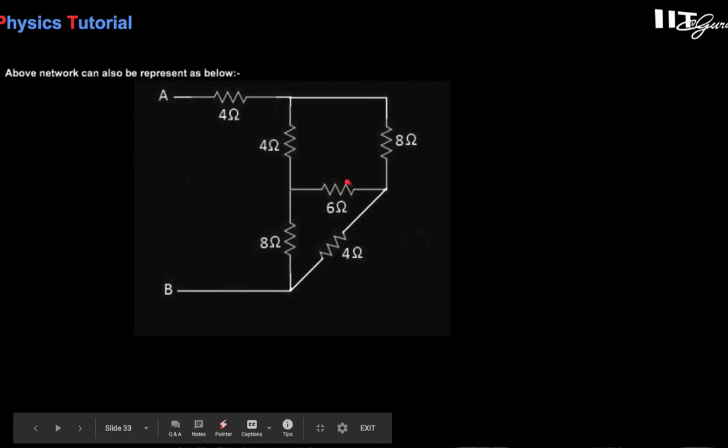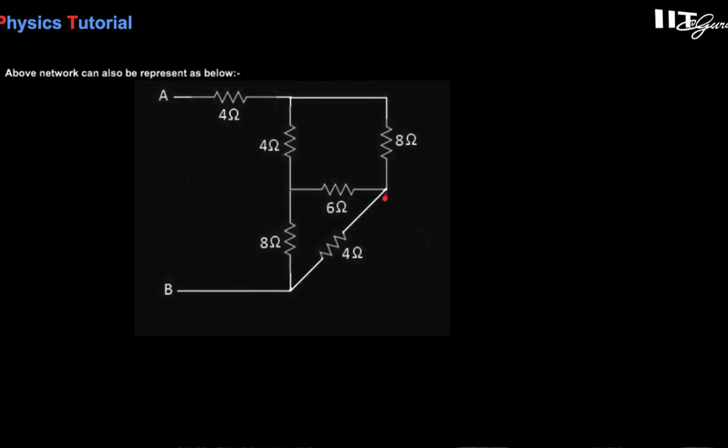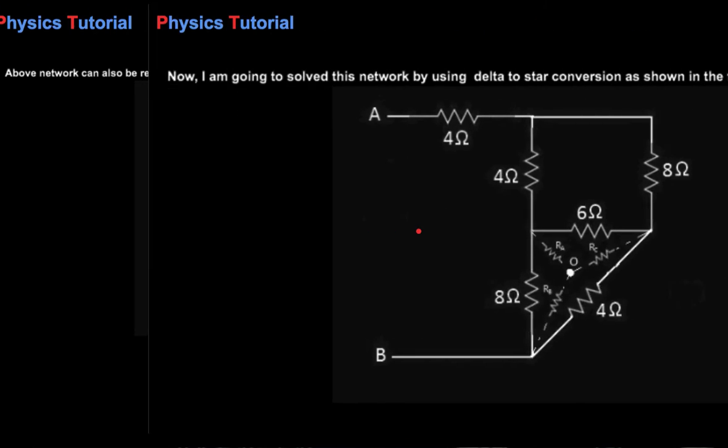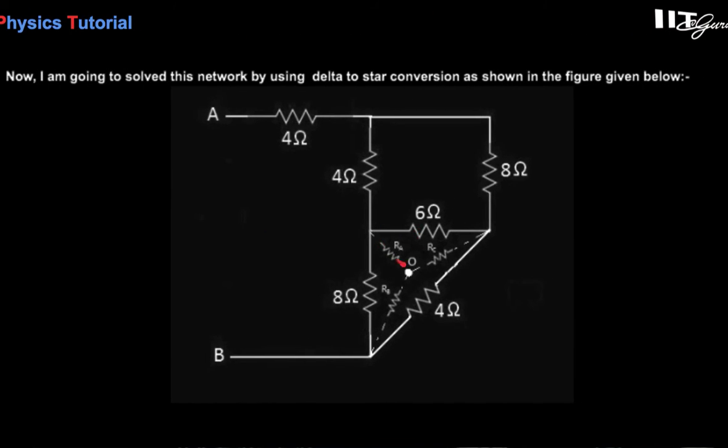This is 6, 8, and 4. Now this is a delta. You can consider any of these points as A, B, C. You can note them down here and convert this into a star. Now that will appear as a circuit. If you convert this into a star network and equate it with this one, to evaluate this resistance, this resistance, this resistance, the circuit will become very easy to count down.